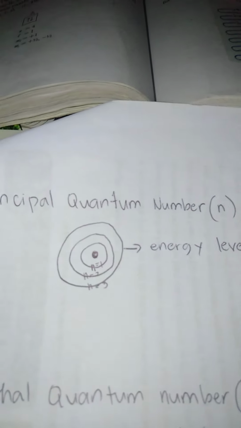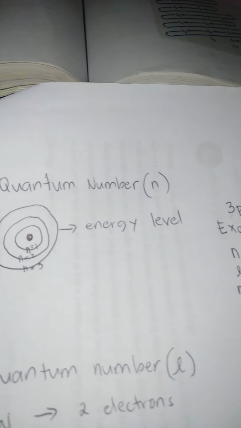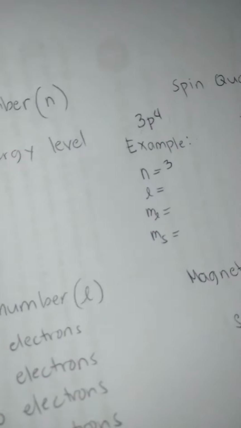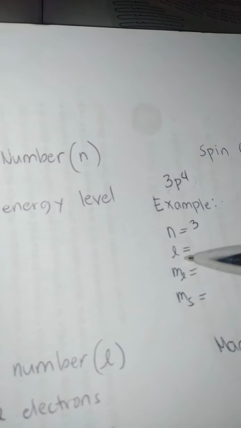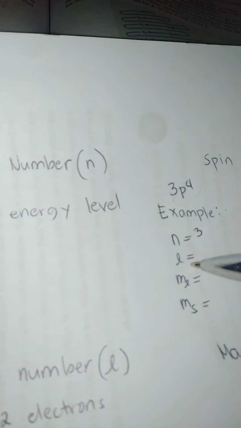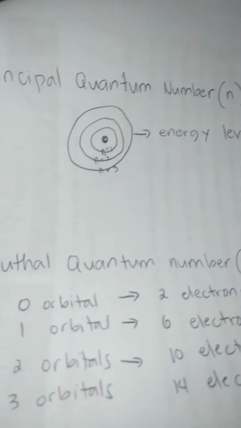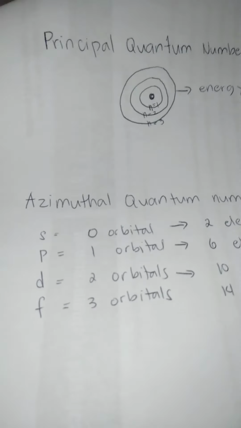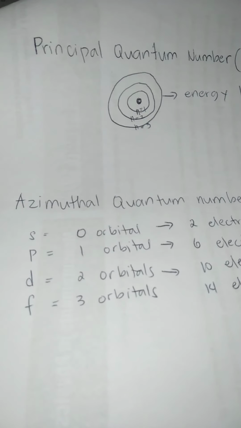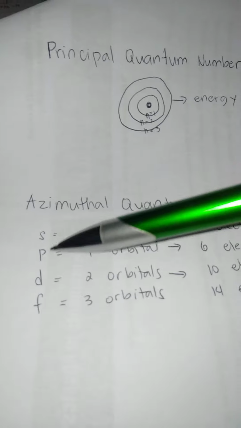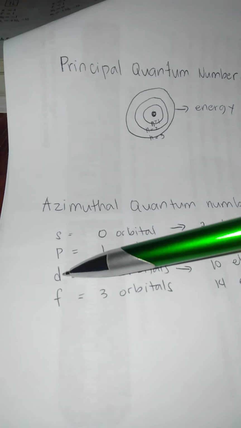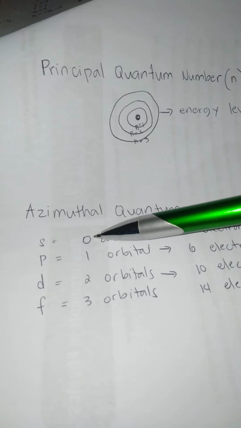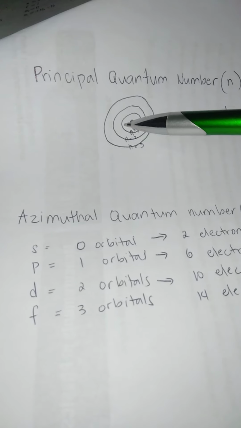I hope that you have understood that. Next is the azimuthal quantum number, which has the symbol letter L. How can you get the azimuthal quantum number? You need to remember these four letters, the orbitals or the sublevels: letter S, letter P, letter D, and letter F. For letter S, please remember there is no orbital in the first energy level.